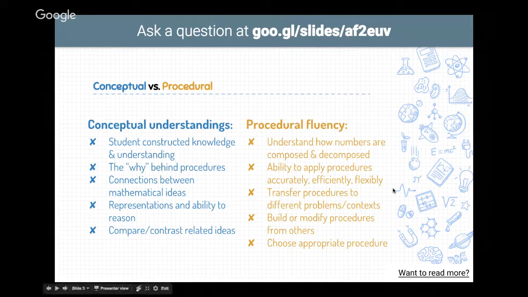But there's actually more to it. Understanding how numbers are composed and decomposed. So what kind of number sense do students have? Can students transfer procedures to different problems and contexts? If we're constantly teaching them the addition algorithm in one context, are they able to transfer that understanding? If they're not, then maybe we need to work on that aspect of procedural fluency.